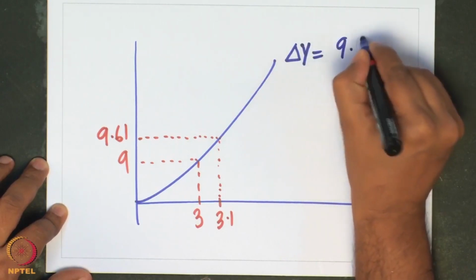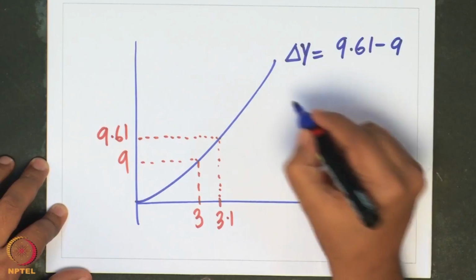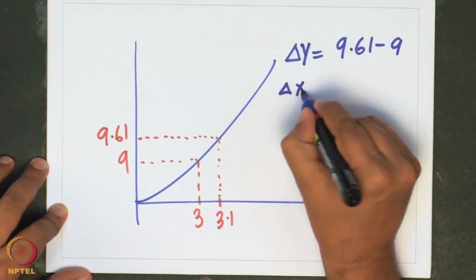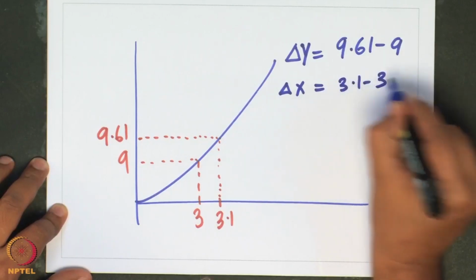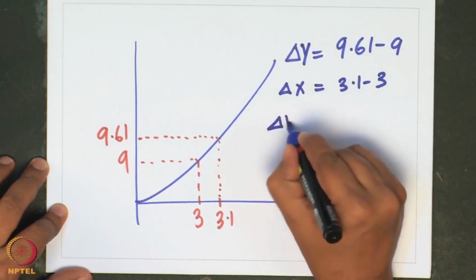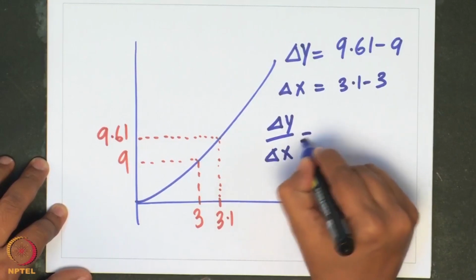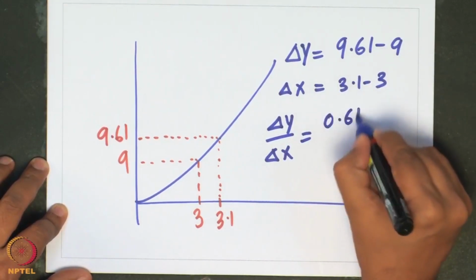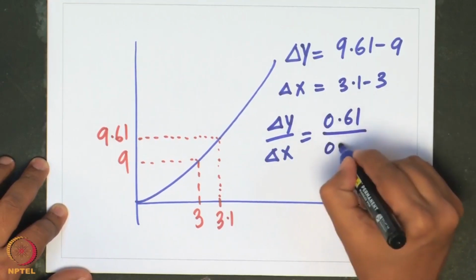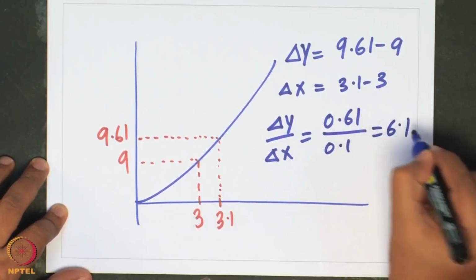So my delta y is 9.61 minus 9. My delta x is 3.1 minus 3. So delta y by delta x is 9.61 minus 9, which is 0.61, divided by 0.1, which is 6.1.